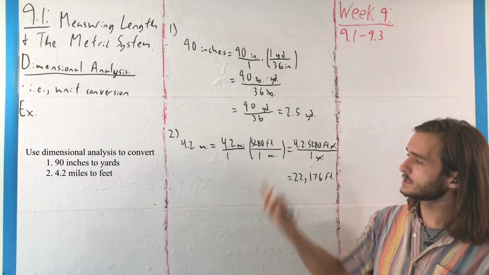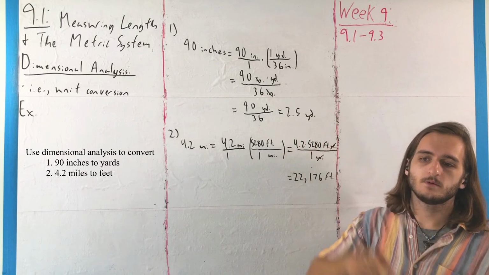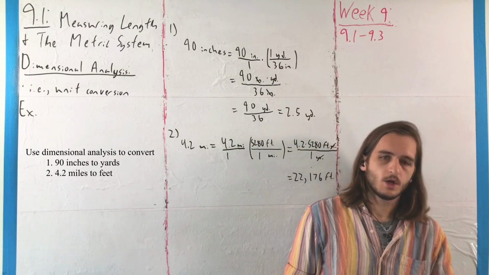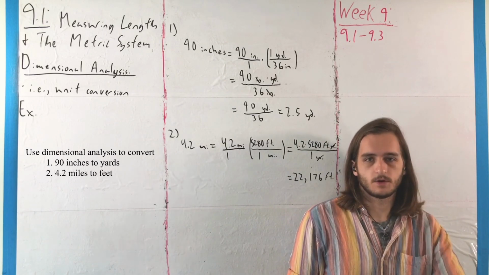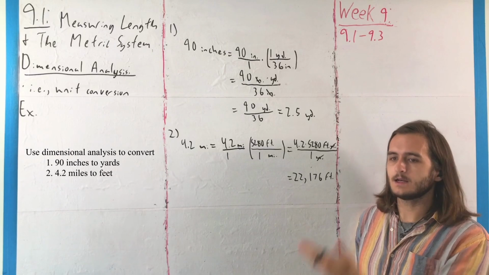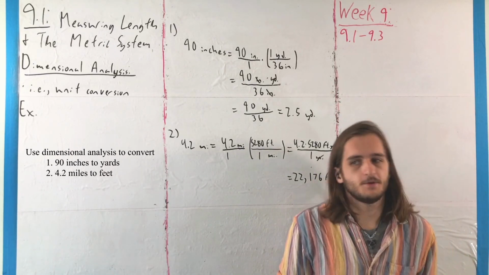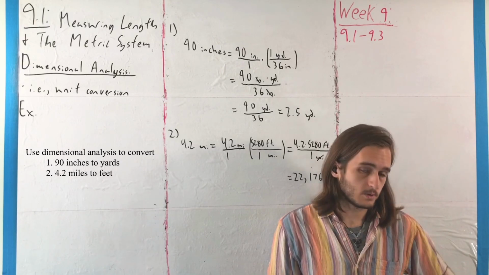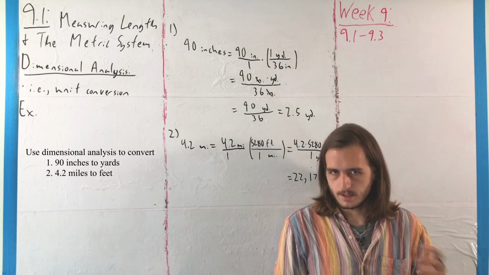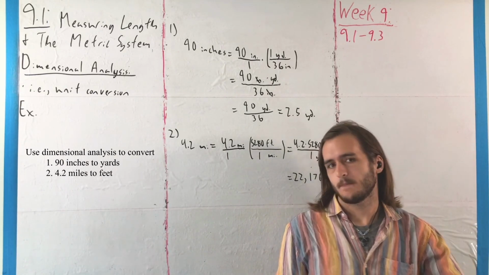If you're talking about the space in a garden, it might be more useful that's 2.5 yards of space rather than 90 inches. It's about 2 paces if you need that sort of understanding. Or if you're looking at, say, the height of a mountain, most people like measuring that in terms of feet rather than miles. So you might say that's 22,000 feet instead of 4.2 miles. It's all a matter of context and what it is that you might want to measure.